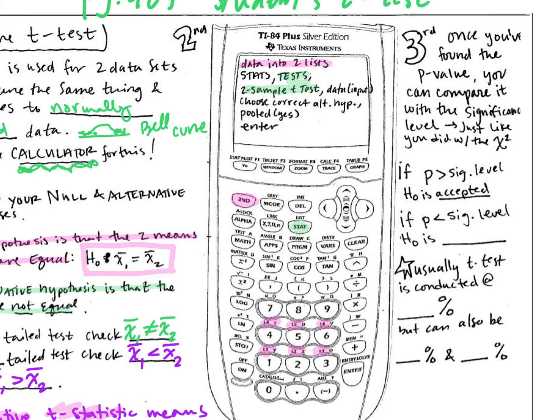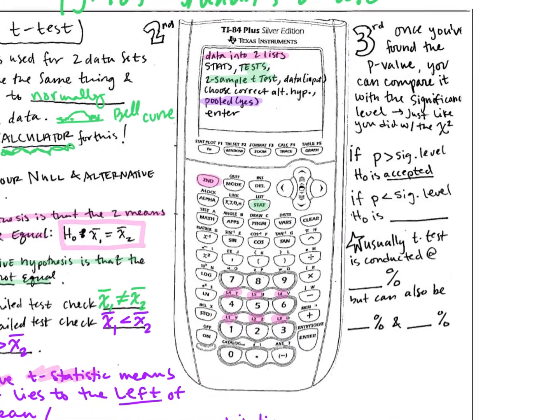You have to choose the correct alternative hypothesis. Because the null hypothesis is that they're equal, generally it's set for you, but you might have to change it. We're going to leave it pooled. That should be the default. So it's one more test. You literally do this on the calculator.